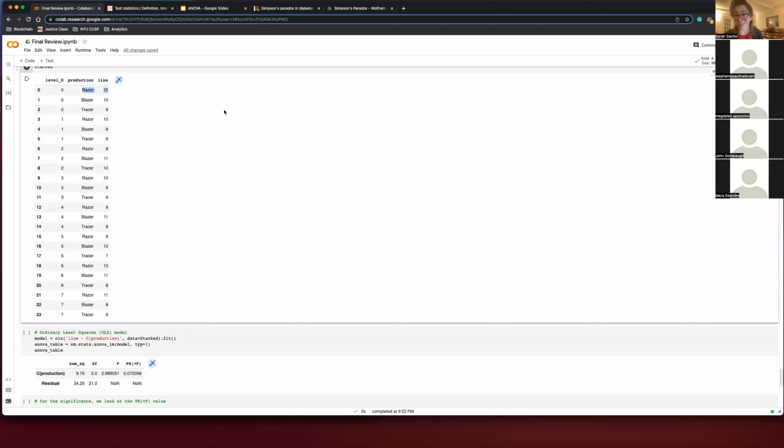So even if this was in Excel and you wanted to make a pivot table, it's kind of similar to that, where we're essentially transposing the data in a way that allows us to get the numbers that we really want here, because we can't just use the raw data in its existing format. But I'm sure there's other ways to calculate the Anova that you don't need to do it this way. This is just an easy way to do it.